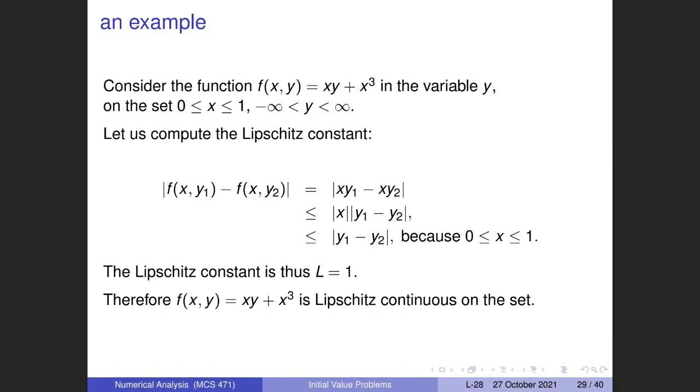Then what is the Lipschitz constant here? With a very simple inequality, x is actually positive, so the absolute value of x is kind of redundant, and we simplify this also in the inequality. So here we have a straightforward example for a right-hand side function that is Lipschitz continuous on the set that we consider.